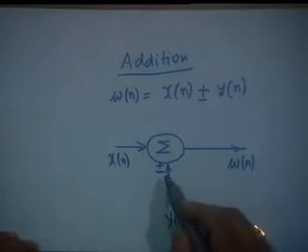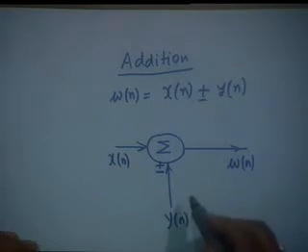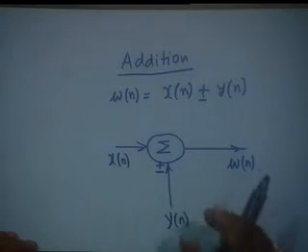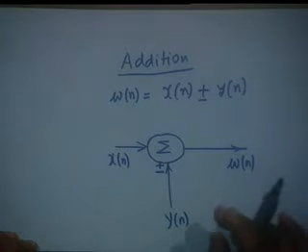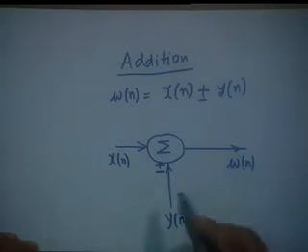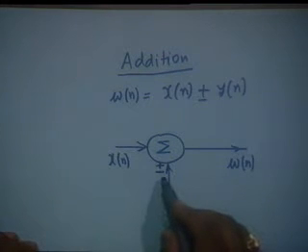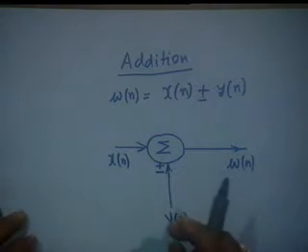Negative sign simply means that this sequence is to be multiplied by minus 1. Minus 1 is not a multiplier, it is simply changing the sign bit of the binary number. So we indicate a minus sign only when subtraction is involved.